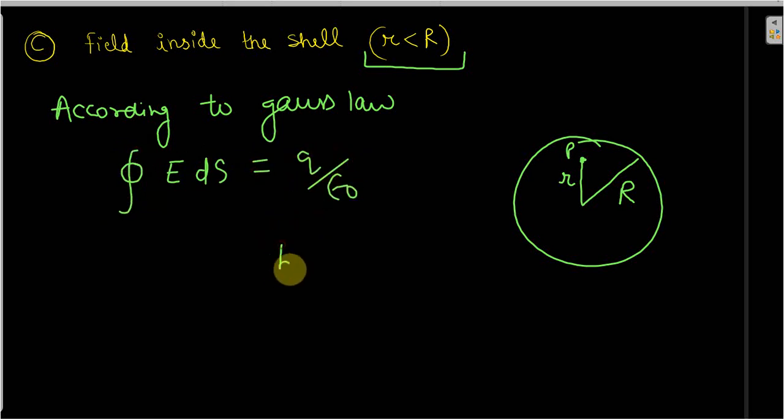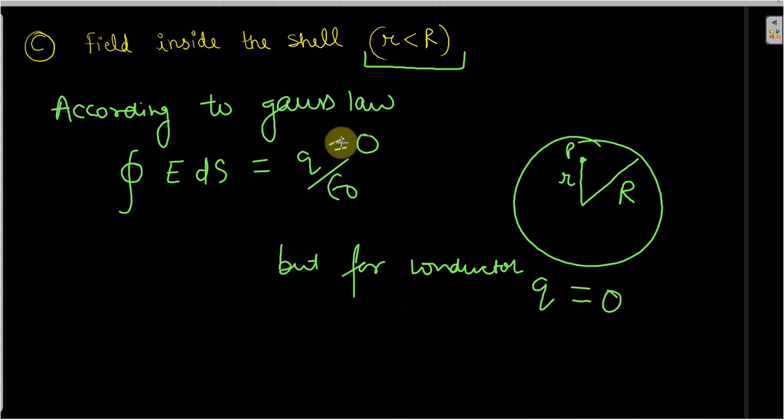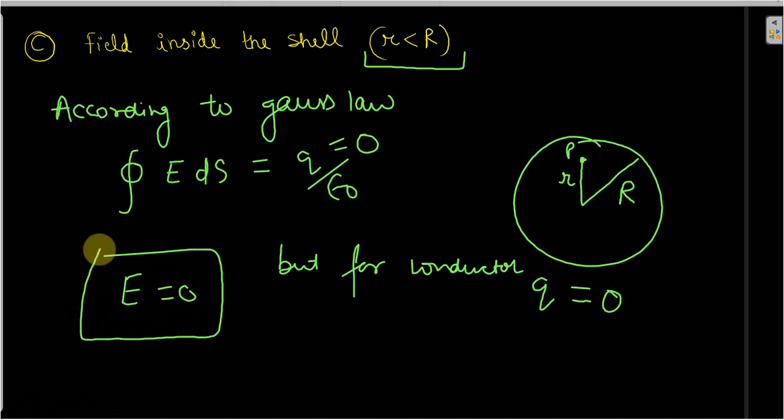But for a conductor, Q is 0 inside the conductor. So if Q is 0, overall what will happen? Your electric field will be equal to 0. So it means inside the conductor there is no electric field.